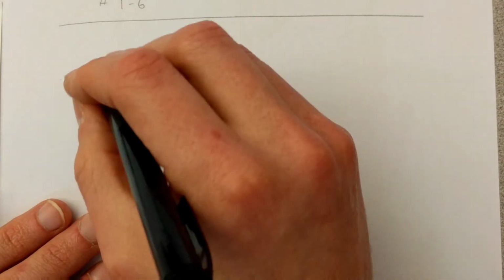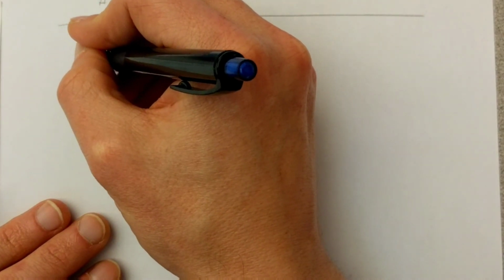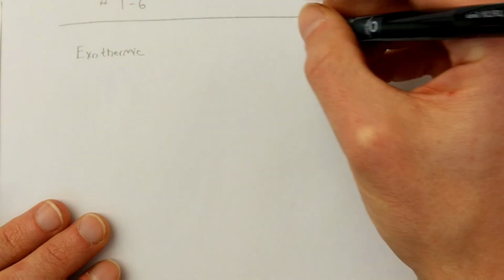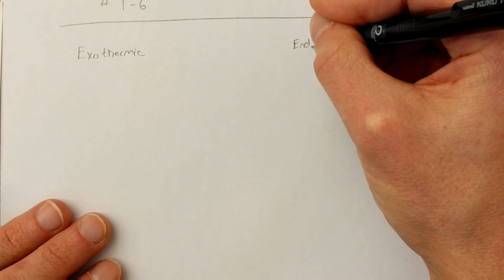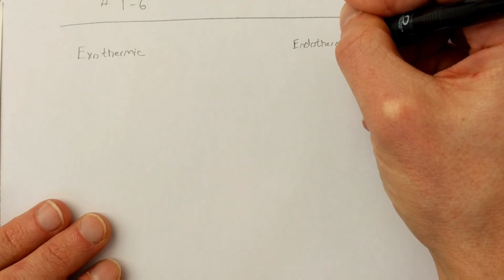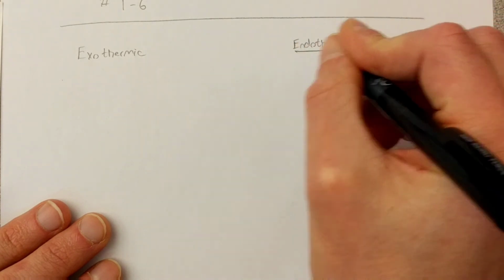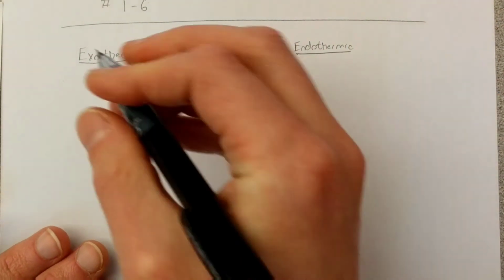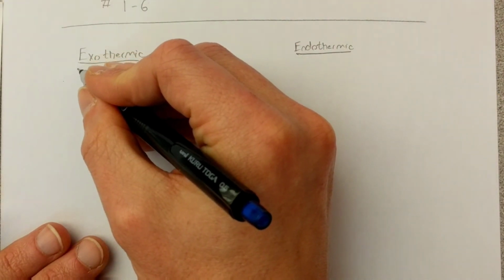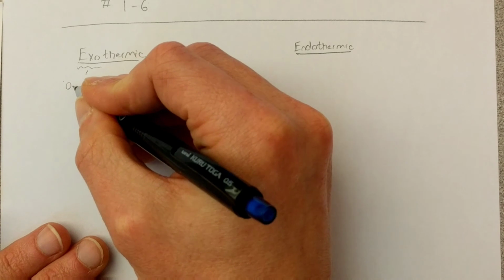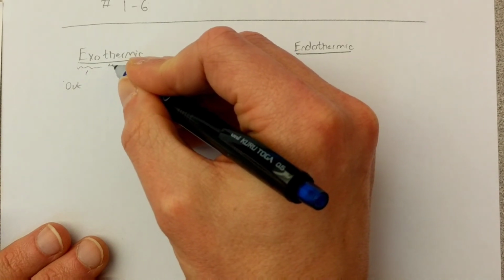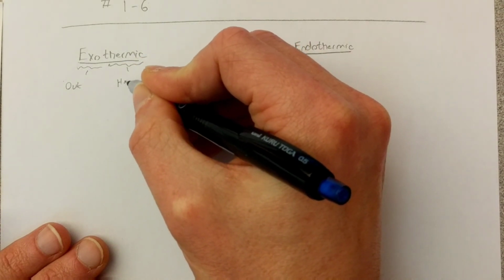Chemical reactions can be lumped into 2 types. You can have an exothermic reaction, or you can have an endothermic reaction. Now, we know that exo means out, and thermic means heat.